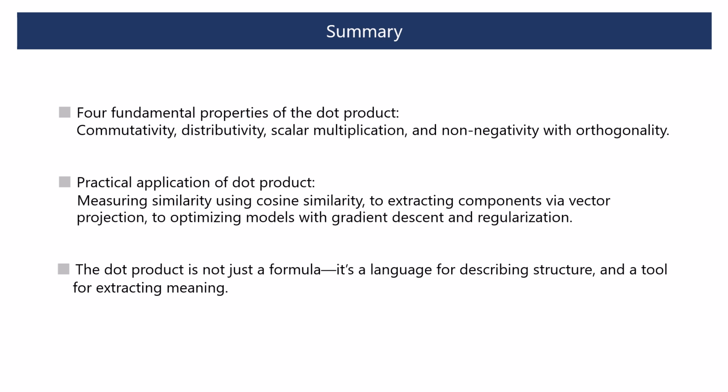We also looked at how the dot product is applied in practice, from measuring similarity using cosine similarity, to extracting components via vector projection, to optimizing models with gradient descent. These applications show how the dot product bridges theory and real-world data science. In short, the dot product is not just a formula. It is a language for describing structure and a tool for extracting meaning.